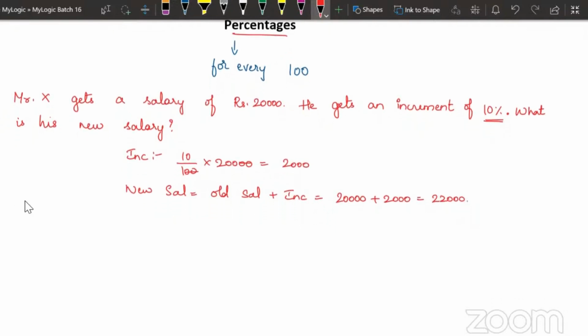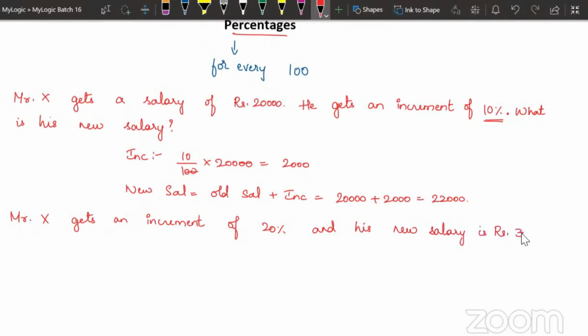Now, suppose you have another question in which Mr. X gets an increment of 20% and his new salary is rupees 30,000. What was his previous salary?